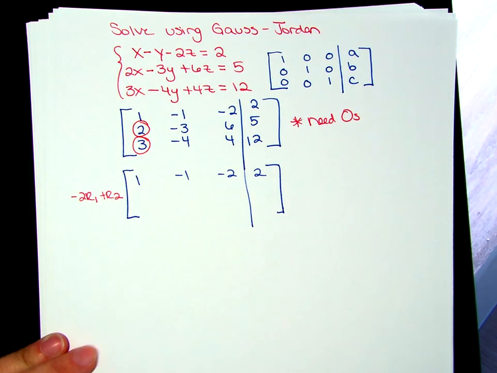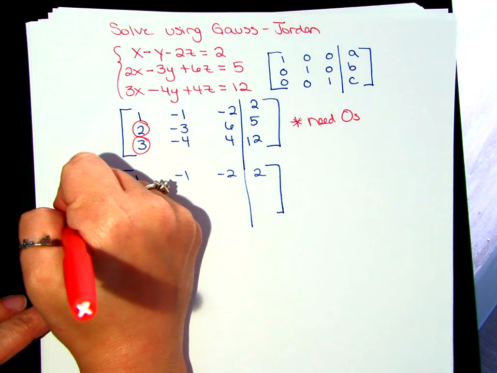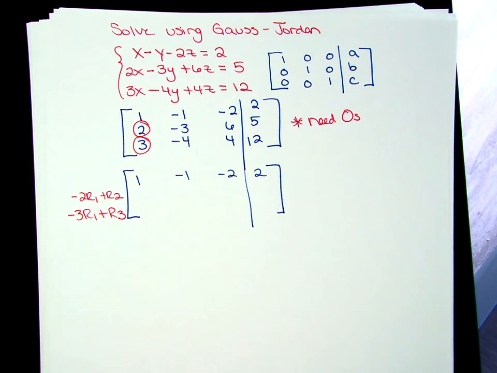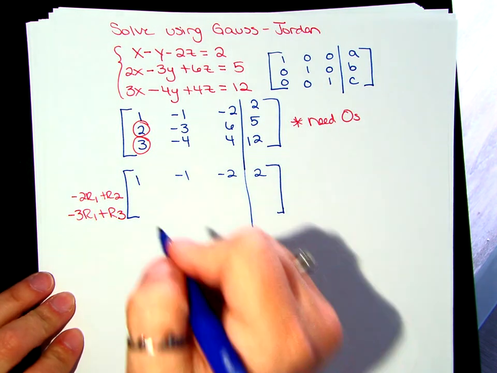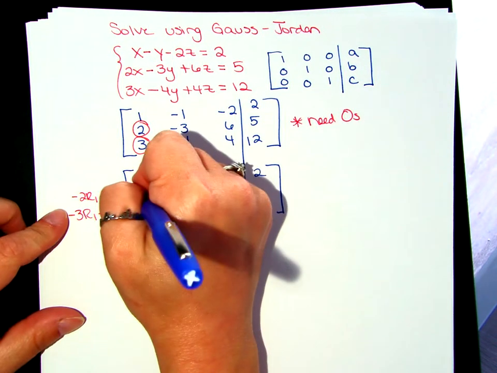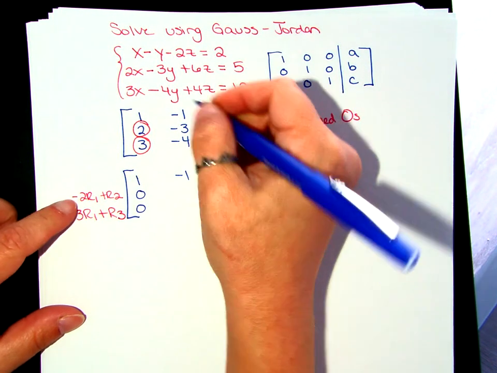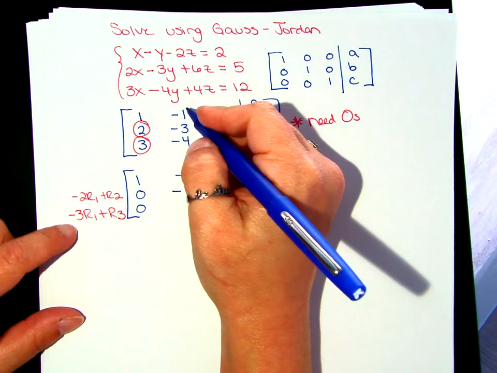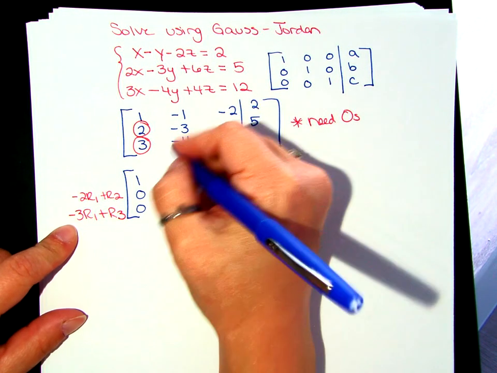Anybody want to venture a guess on what we're going to do to turn that 3 into a 0? The same thing except for -3? Yeah, -3 times row 1, and we're going to add that to row 3. Give me 0, 0. -2, +2, -1. 3, -1.